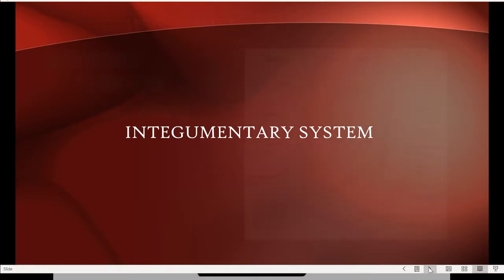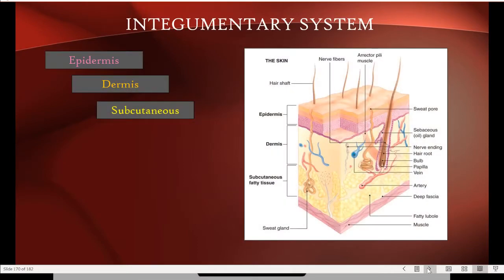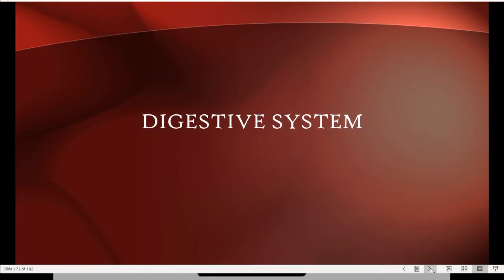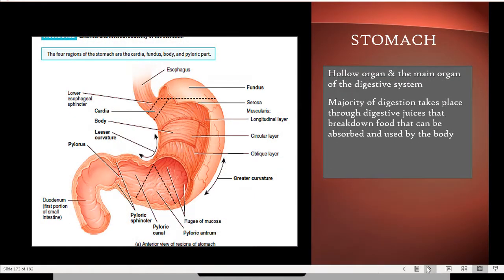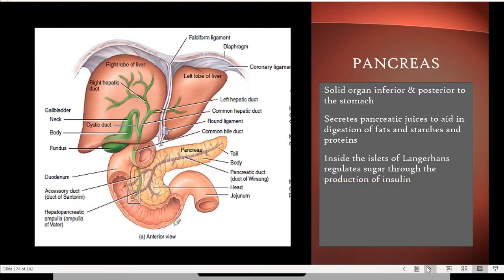And then the integumentary system, we covered that in class pretty well. Epidermis, dermis, and subcutaneous levels. The digestive system, we talked about that. And then we kind of covered the organs. We mentioned the pancreas.